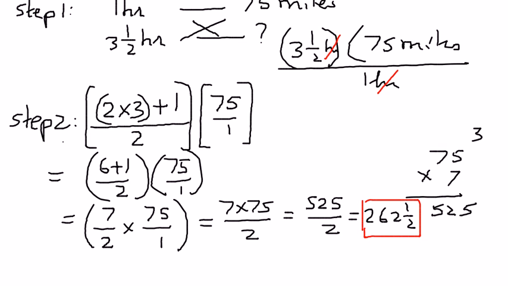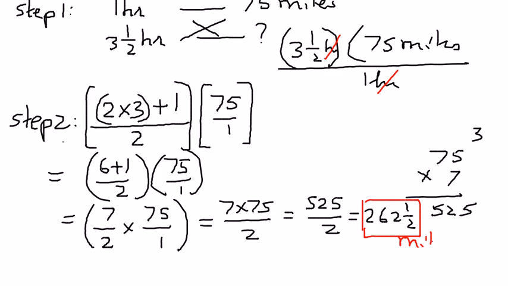So 525 divided by 2 is an improper fraction, and if we want to express the improper fraction as a mixed number, we can write it out as 262 and 1/2. That is in a mixed number format. So therefore, if we are able to travel 75 miles in 1 hour, in 3.5 hours we traveled 262 and 1/2 miles. I'll write miles here.